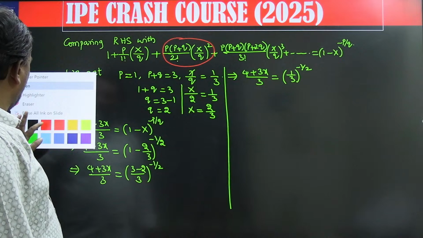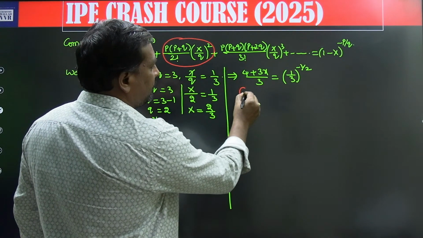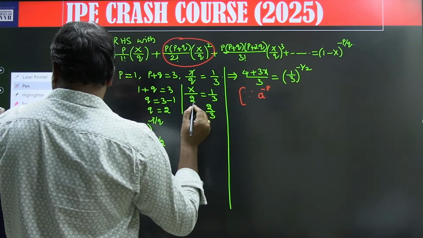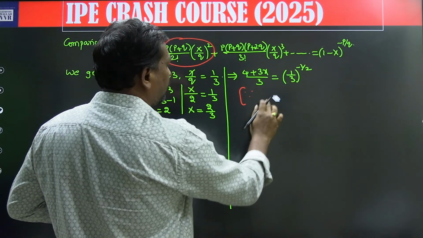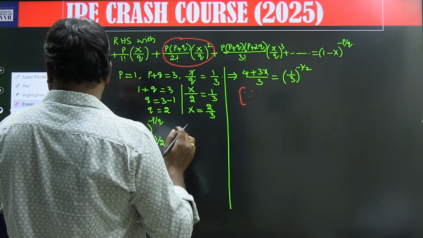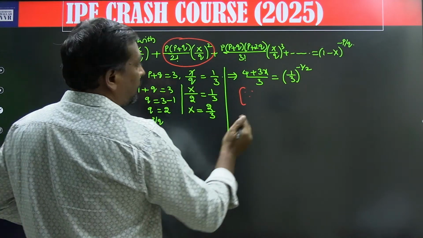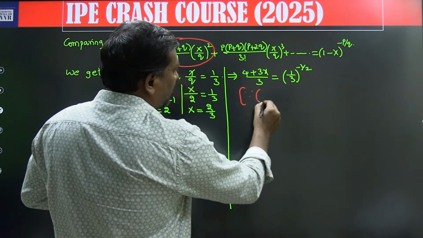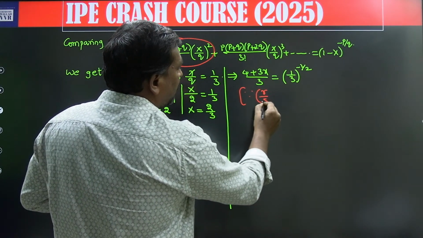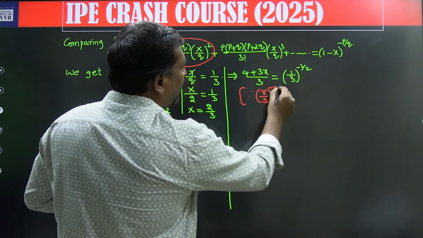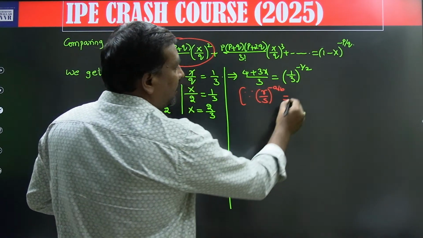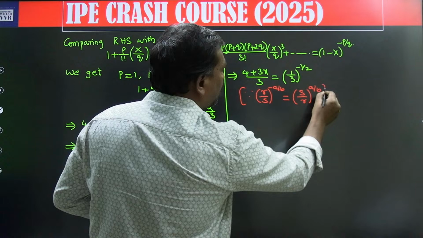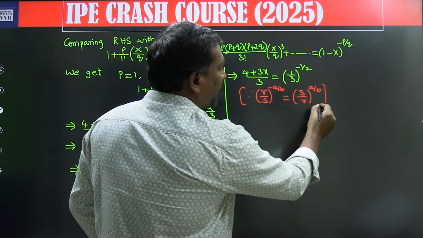We have in earlier classes that (r by s) whole to the power of minus a by b is equal to (s by r) whole to the power of a by b.